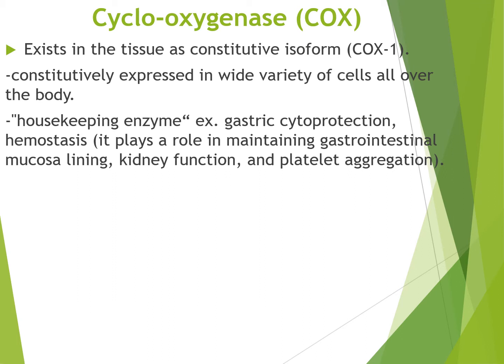This type is COX-1, constitutively expressed in a wide variety of cells all over the body. In physiological conditions it is like a housekeeping enzyme, responsible for gastric cytoprotection and hemostasis. It plays a role in maintaining the gastrointestinal mucosal lining, kidney function, and platelet aggregation.